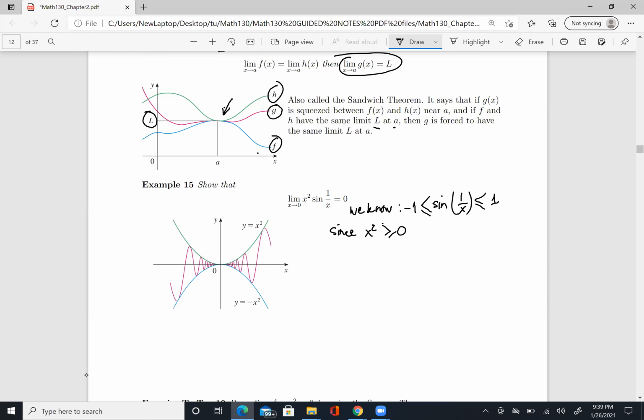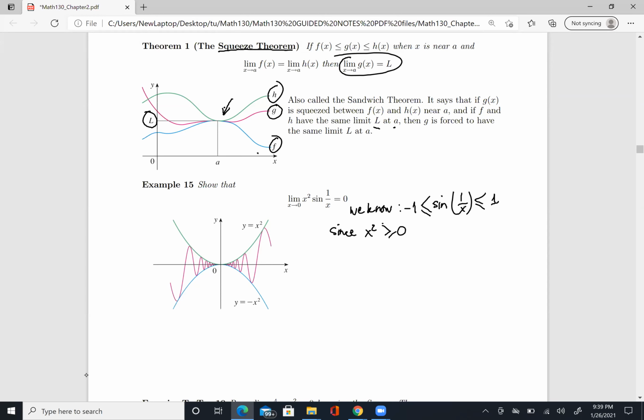Greater than or equal to 0. So you will have x squared multiplied by sine of 1 over x. We will not change the direction of the inequality, right?